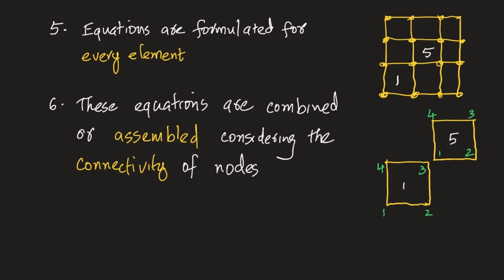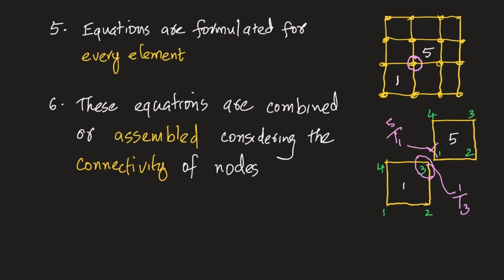If you see these elements 1 and 5, we know that this node is shared between these two, or the node 3 of element 1 and node 1 of element 5 are shared. Suppose I note the temperature at the node 3 here as T3 of element 1 and this temperature as T1 of element 5.